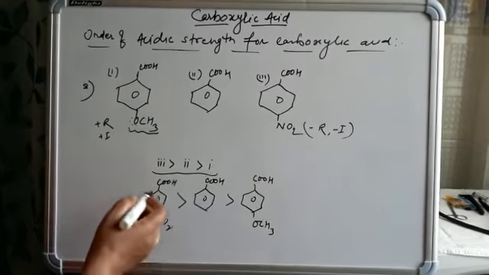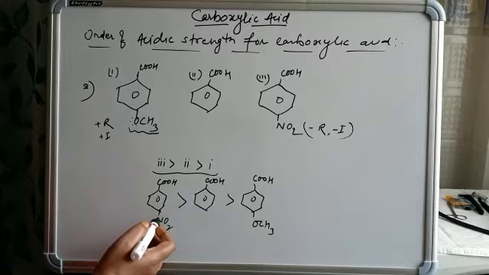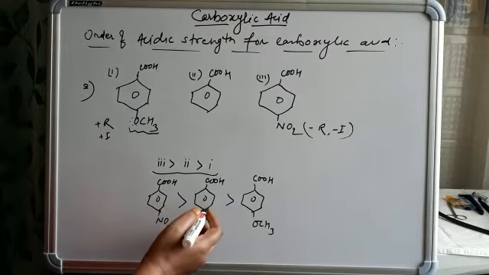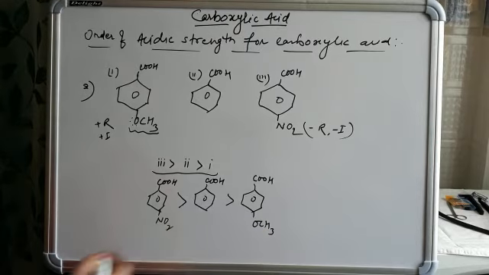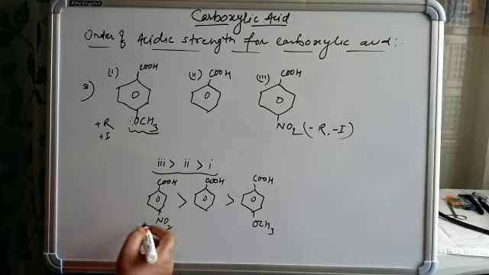So the most acidic nature is shown by 4-nitrobenzoic acid, then benzoic acid, and the least acidic is 4-methoxybenzoic acid. So by identifying the substituents attached to the ring, we can decide which one will be more acidic in nature.